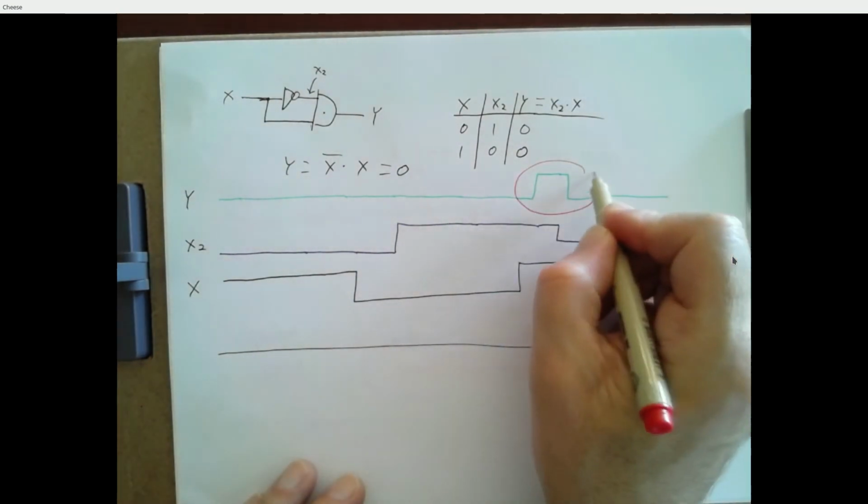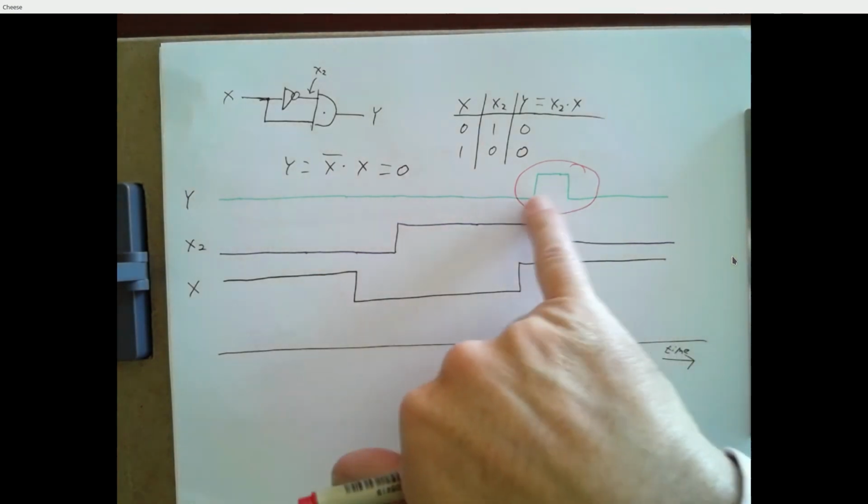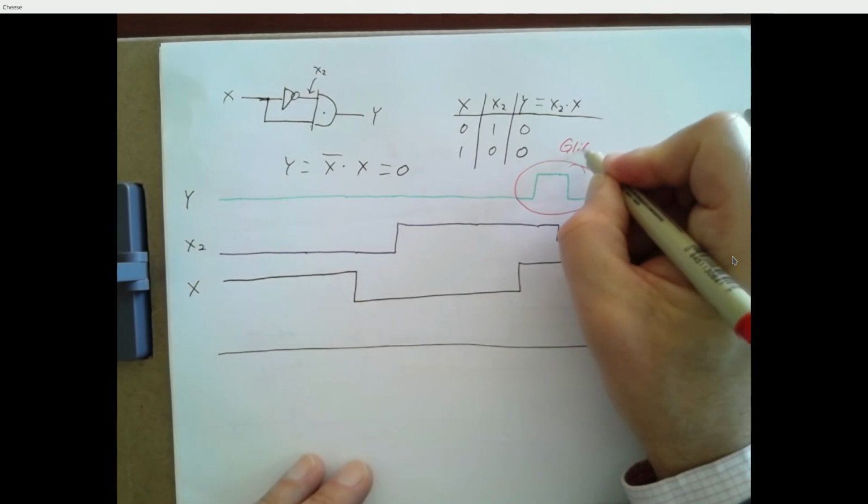But this is noteworthy because there's no combination in our truth table where y should ever be equal to 1. But in fact, for a brief period of time, y is equal to 1. So this is what we call a glitch.